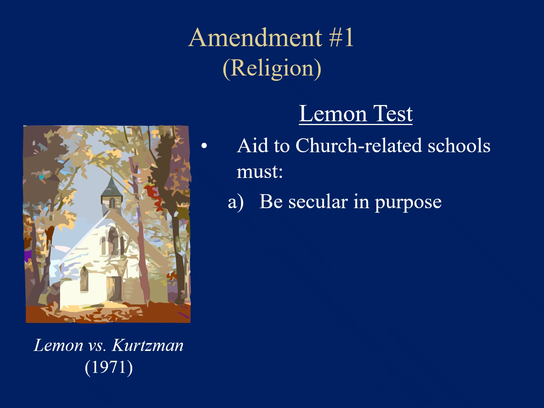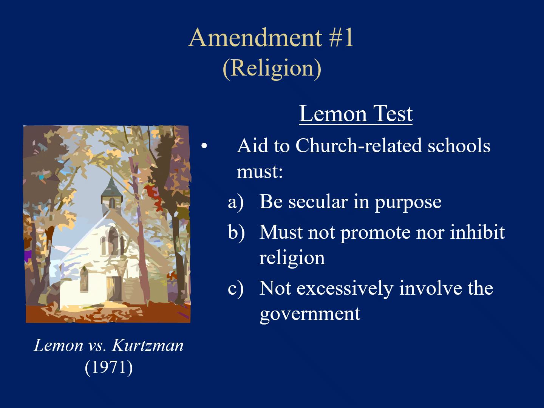However, there were limits to the aid. The aid had to be secular in purpose, not for religious reasons or religious curriculum. It cannot promote one religion over another or inhibit religion, and it should not excessively involve the government.